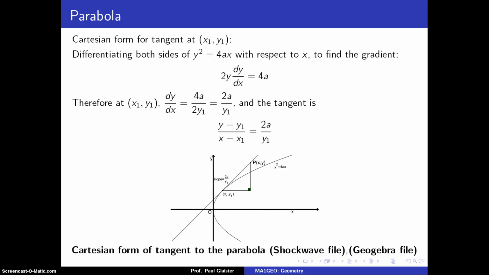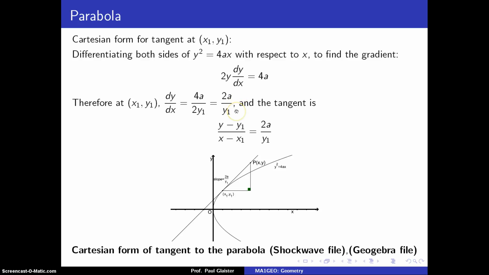Now if you wanted to look at the Cartesian form for the same tangent, then we could take y squared is 4ax, differentiate with respect to x implicitly, and then work out that, say, at the point (x1, y1) in Cartesian form, the gradient dy by dx is 4a over 2y, so at (x1, y1) is 4a over 2y1.